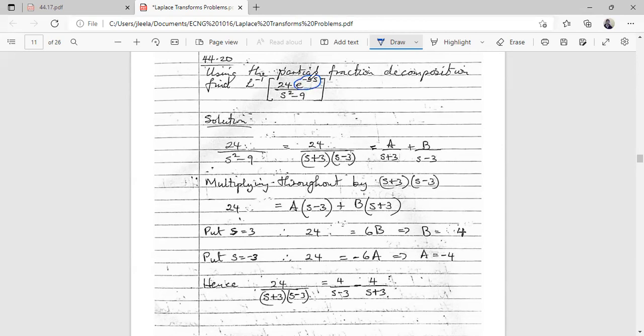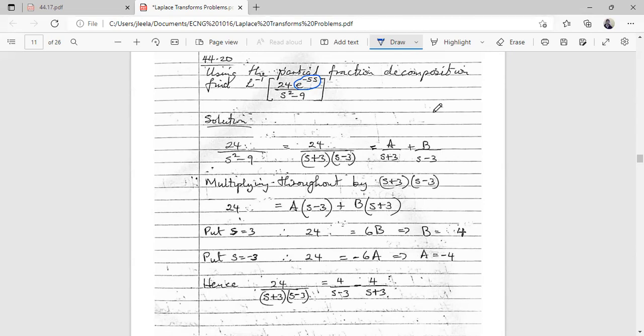Your e to any power of s cannot be part of your decomposition. So your decomposition here is really your 24 over s squared minus 9. And this here is the difference of 2 squares. So that is 24 over s plus 3 times s minus 3. So the partial fraction decomposition for that would be a constant over s plus 3 plus another constant over s minus 3.